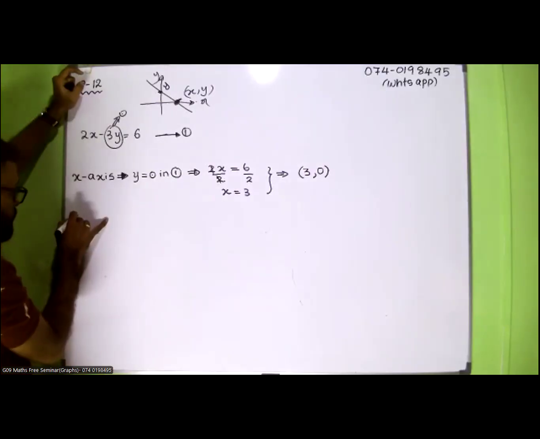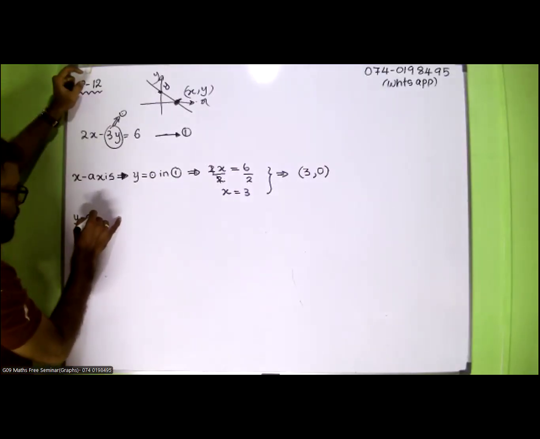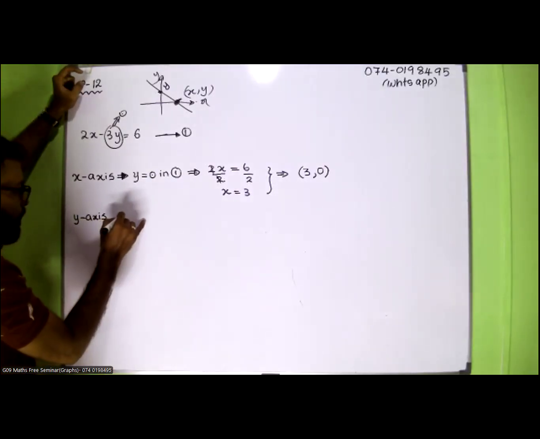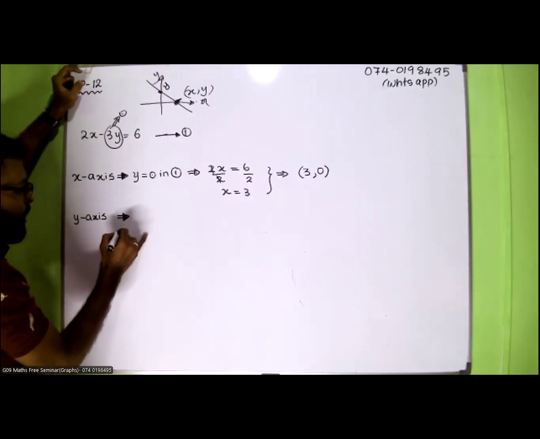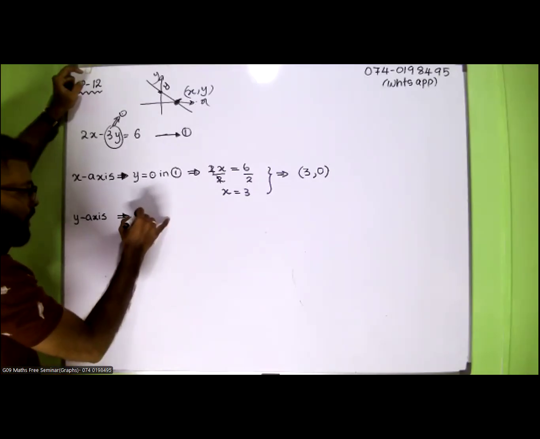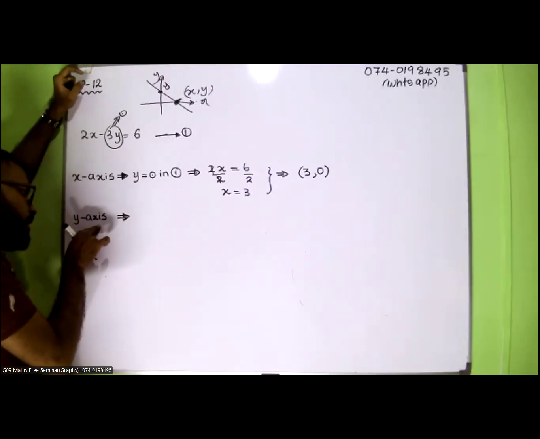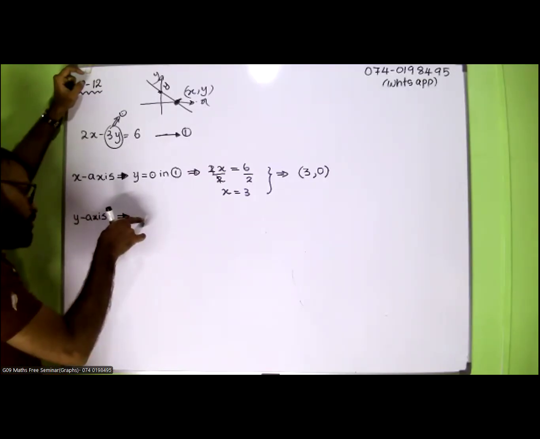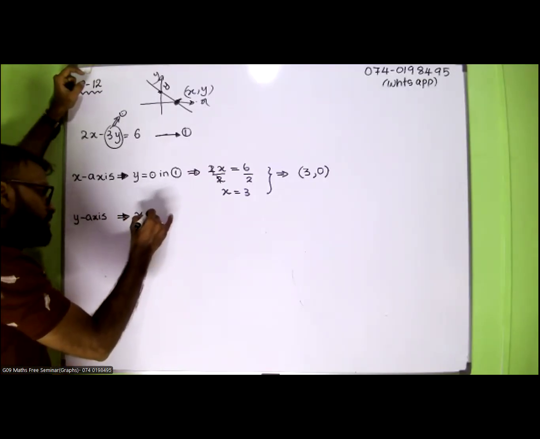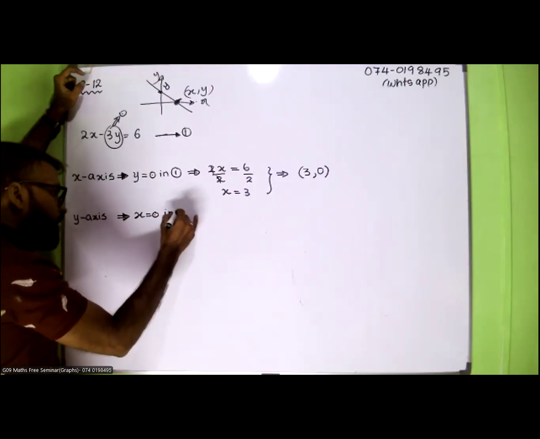Right. Now y-axis. If I want to find the intersection point of y-axis, what should I need to do? X equals 0 in 1.